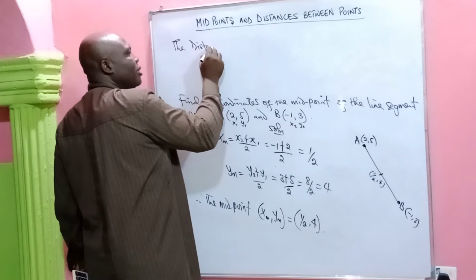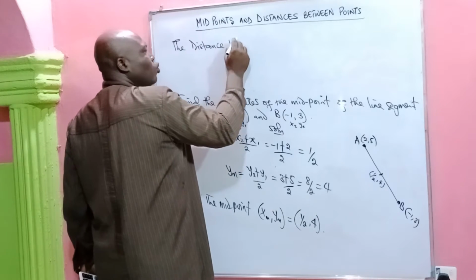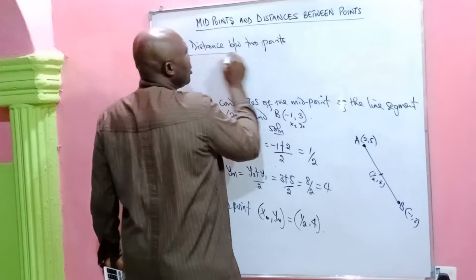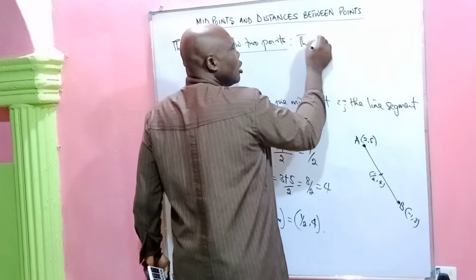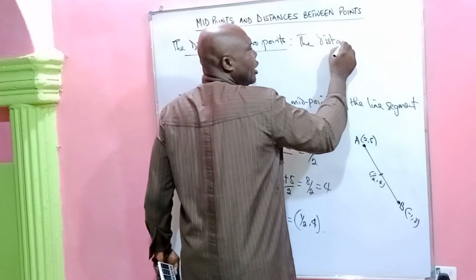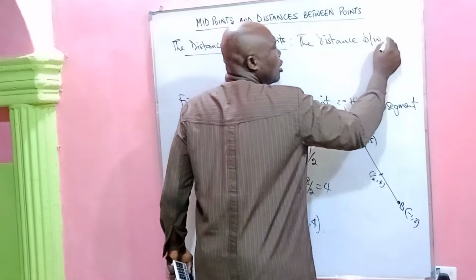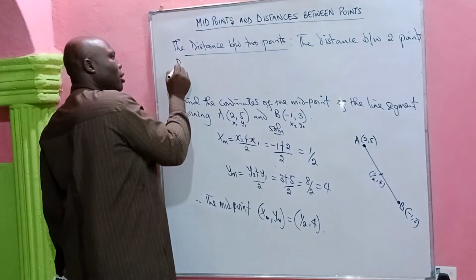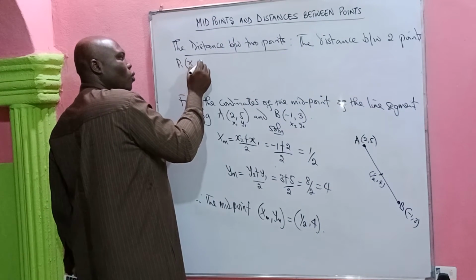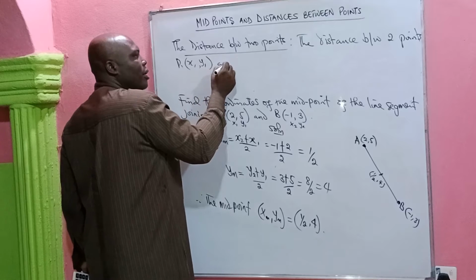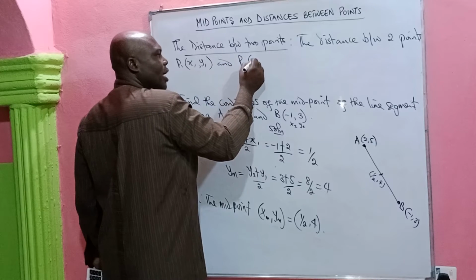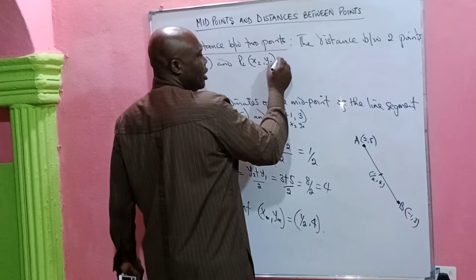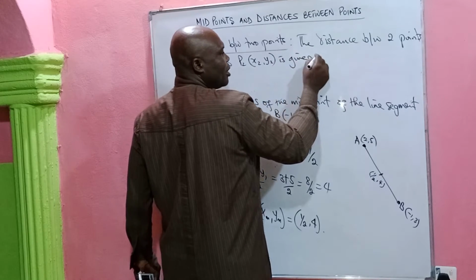The distance between 2 points, say P1, which is x1, y1, and P2, which is x2, y2, mapped on space, is given by the formula.